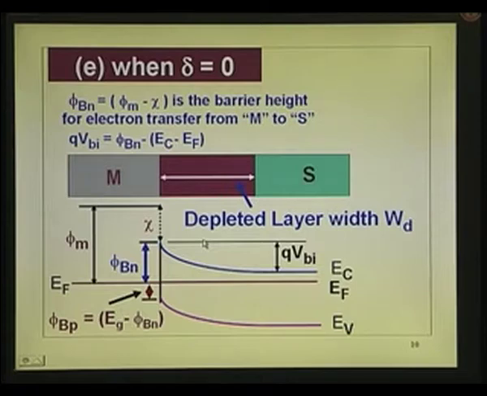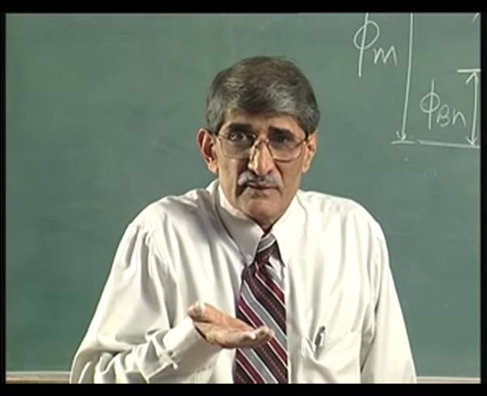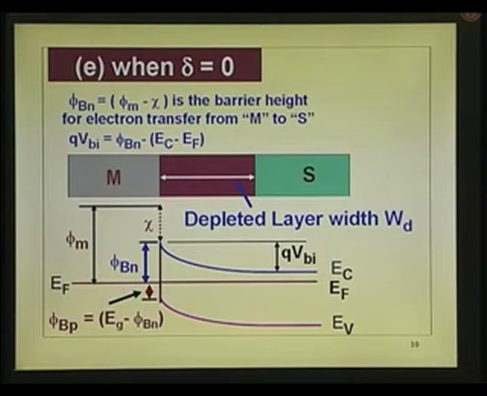If the doping is increased, the Fermi level goes towards the conduction band, so you will have a slight reduction in V_BI. We will come back to that discussion. Right now I am focusing on this quantity, which decides the built-in potential, guided by the doping of the material.